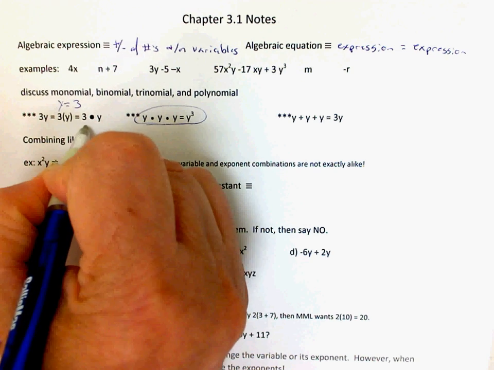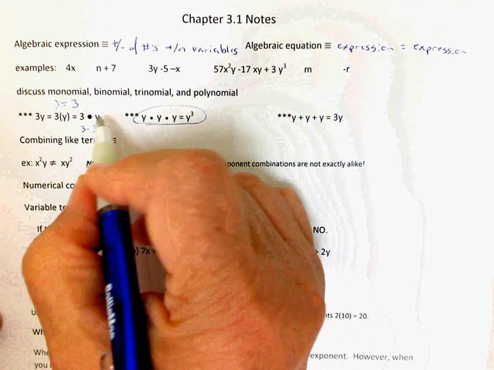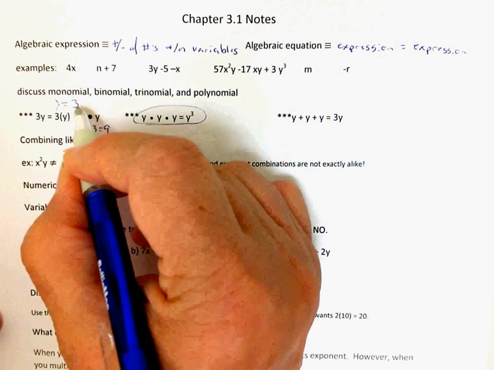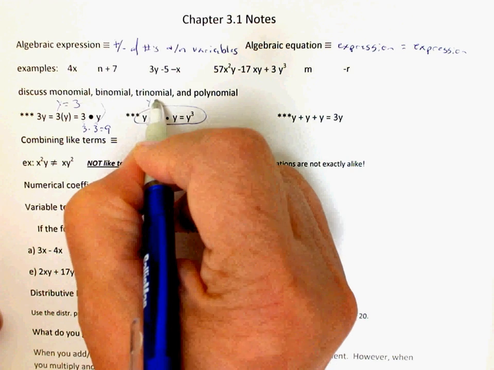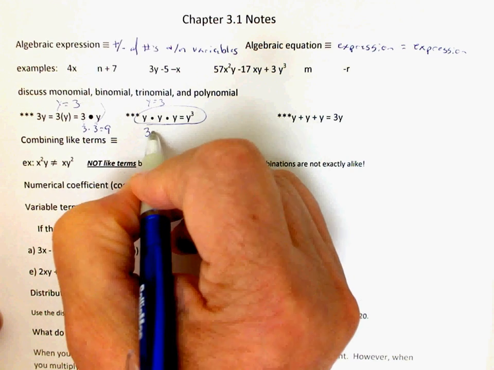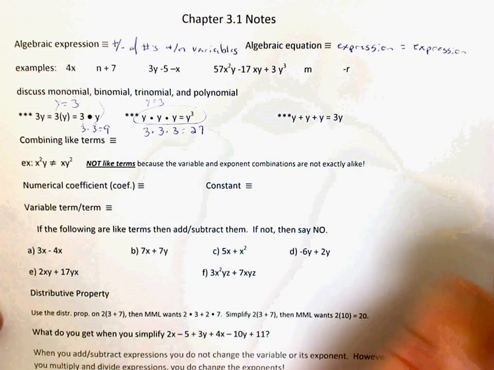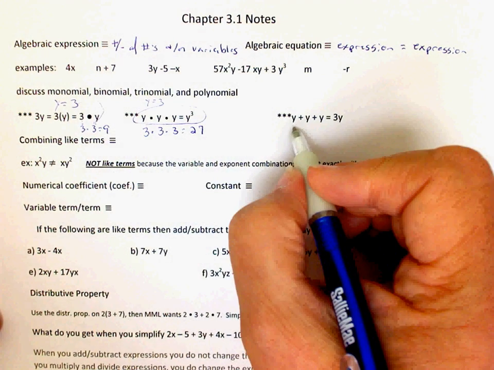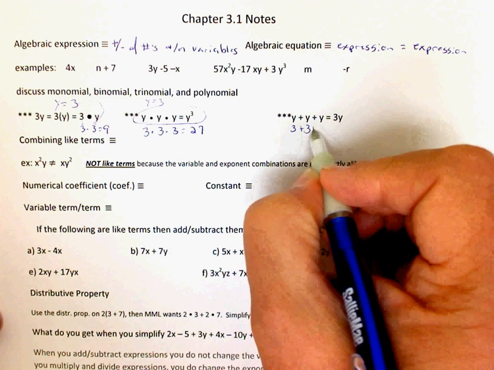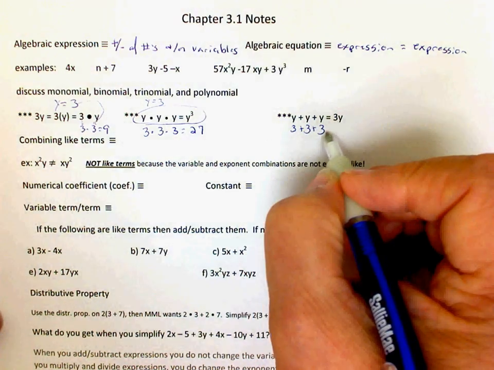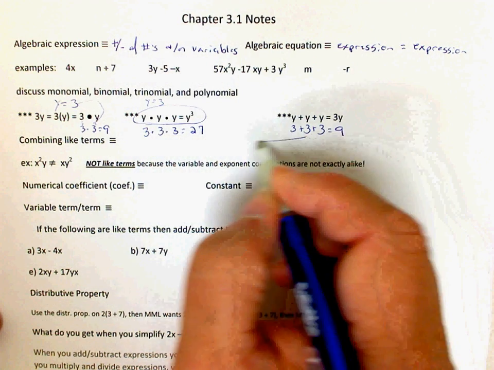Well, 3 times 3 would be 9 for this 3y... but here, if y is 3, I get 3 times 3 times 3, and that would give me 27. And if I put it in here, 3 plus 3 plus 3, that also gives us 9, just like we got with this problem.